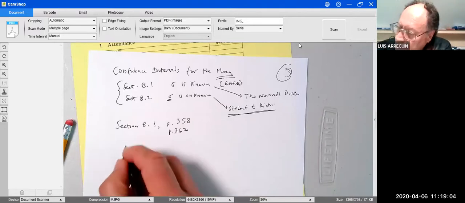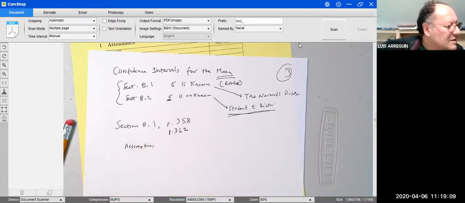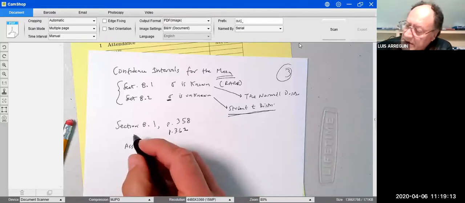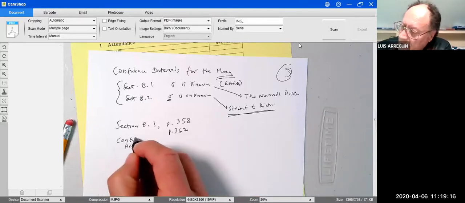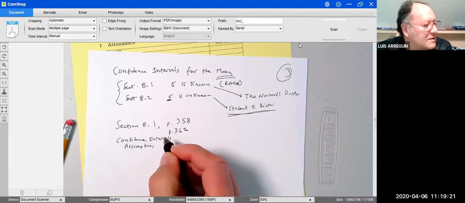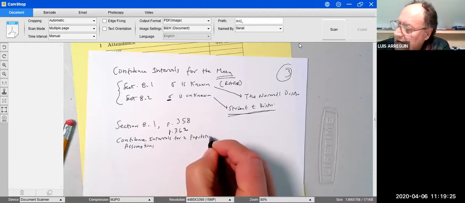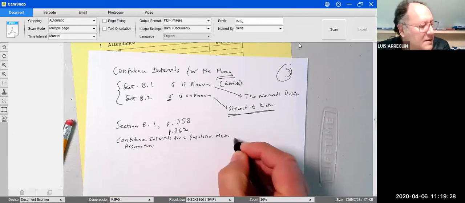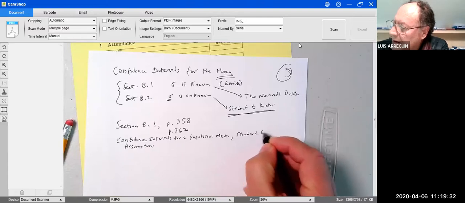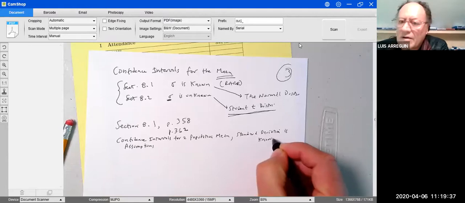assumptions. So the assumptions for this case, which is section 8.1, is about confidence intervals for a population mean when the standard deviation is known.